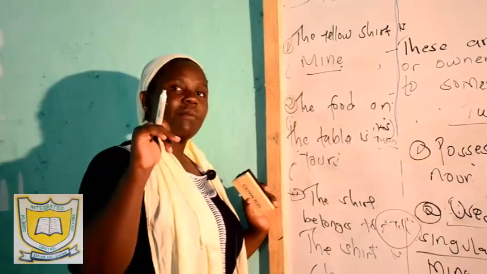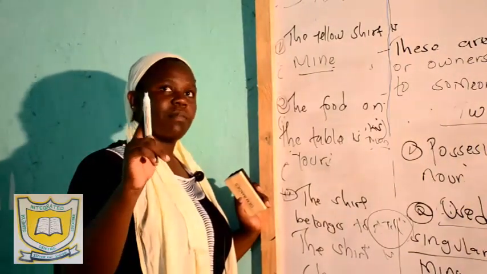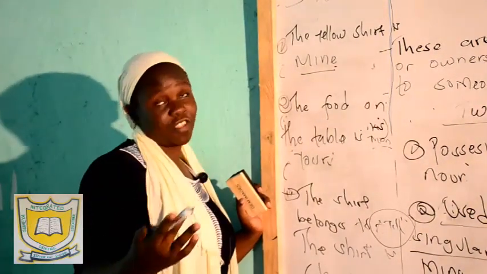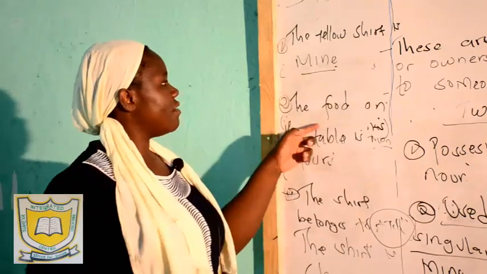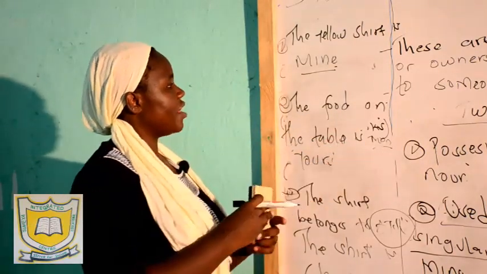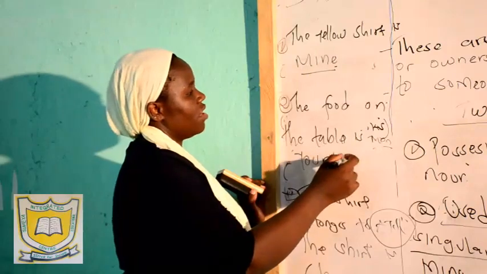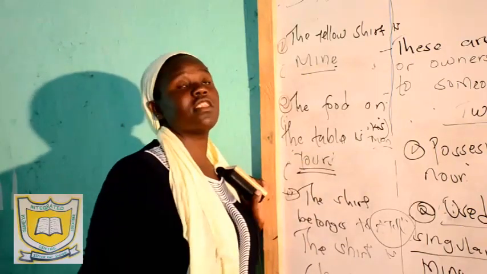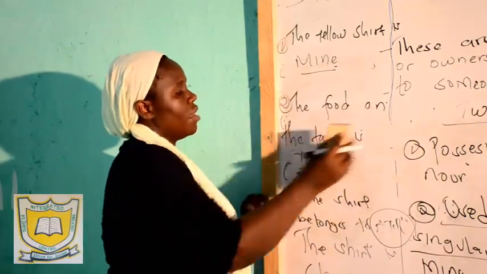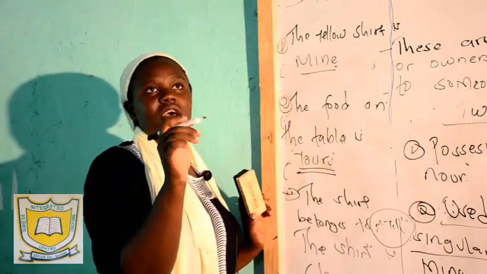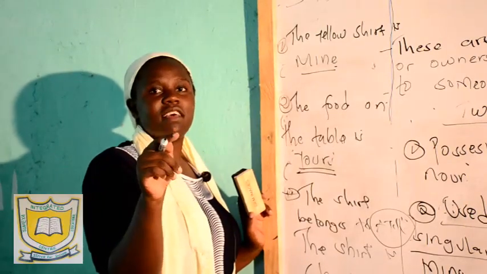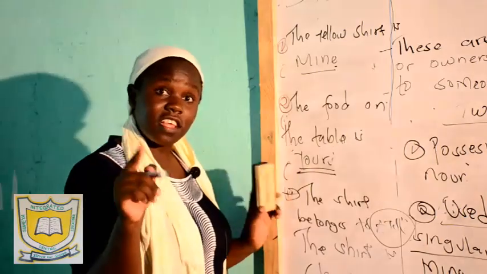So we said possessive pronouns that are used in place of a noun come after the noun. Example: the food on the table is yours. The food on the table is what? Is yours. In the possessive pronouns that are used as modifiers, I'm going to say your food is on the table.